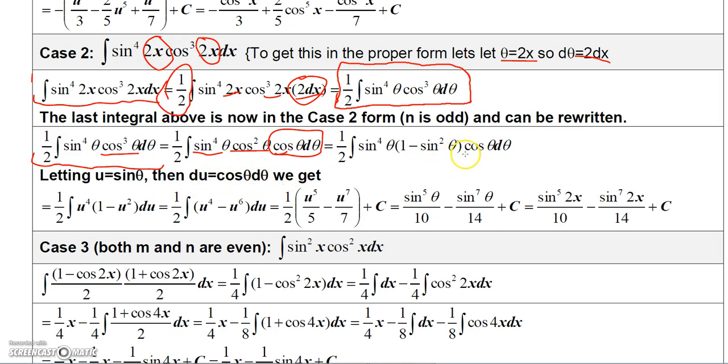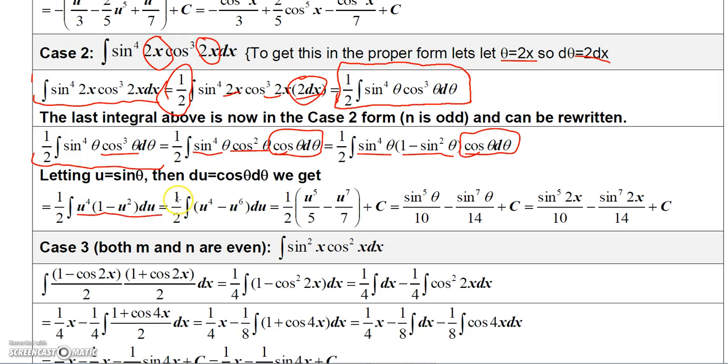So you can see now that cosine theta d theta is exactly du, and since sine theta is u, I would have u to the 4th times 1 minus u squared. So that would give me 1/2, I have to bring the 1/2 down, the integral of u to the 4th times 1 minus u squared du.